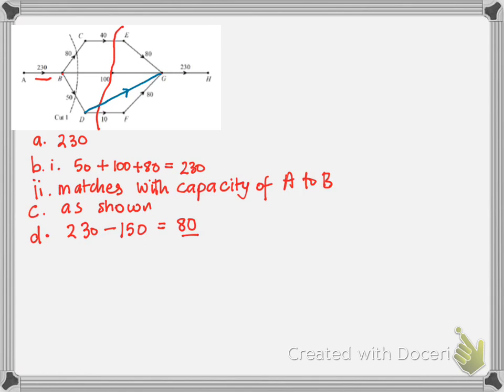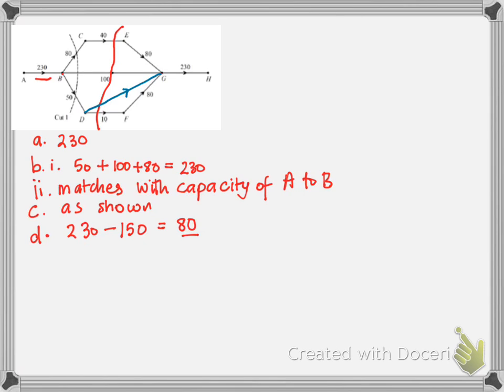You do have to do a little bit of thinking here. If you look at where that road originates, coming into the intersection at D, we have 50 cars coming from B to D. If that's the maximum that can come in there, then there's no point making this road D to G any bigger than 50.